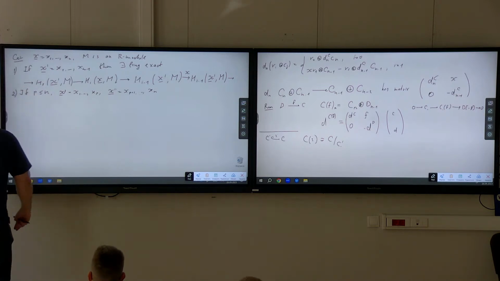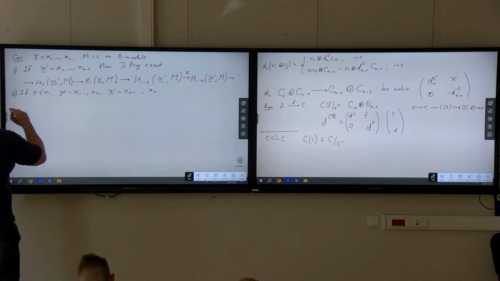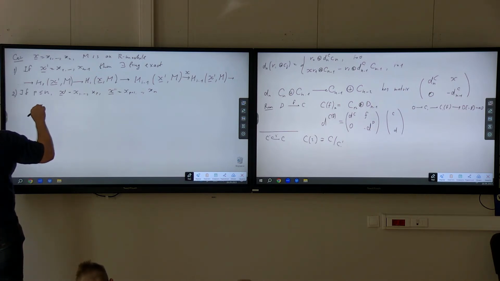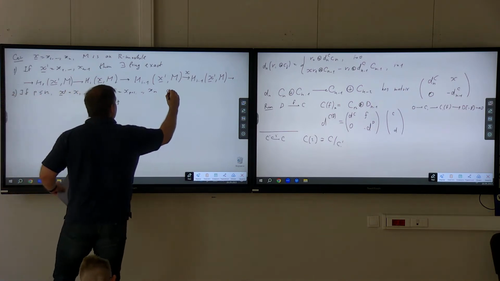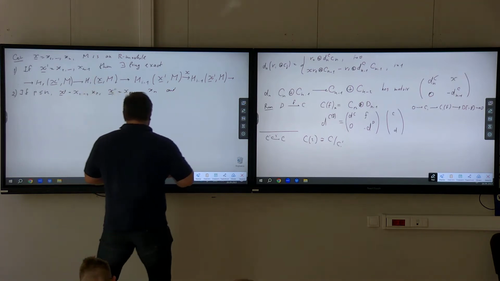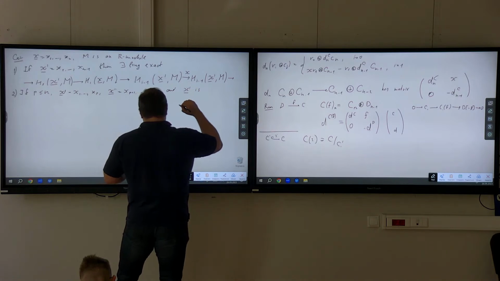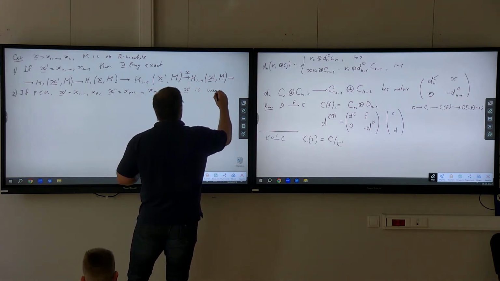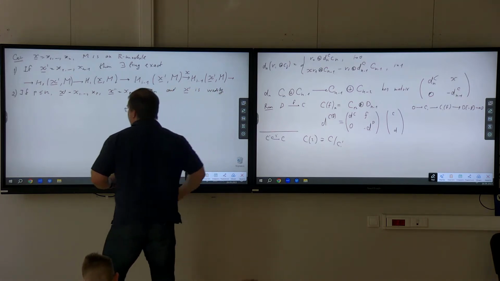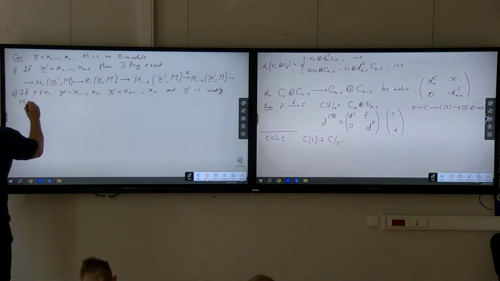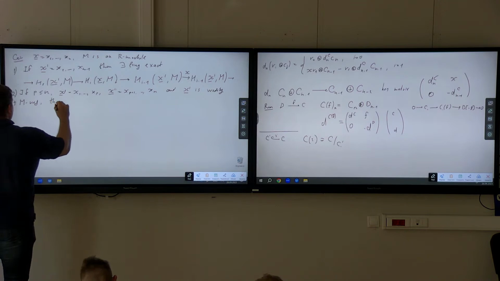So take this splitting, and if we have this and this sequence x prime is weakly M-regular, then we have the following isomorphism.